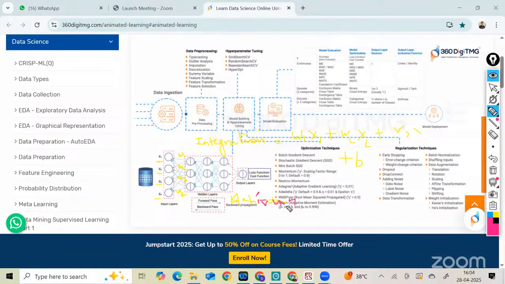W of new will be equal to what? W of new is equal to W of old, whatever the old weight was, and within that old weight, we are just subtracting the learning rate.